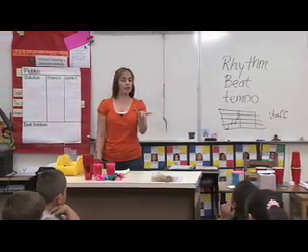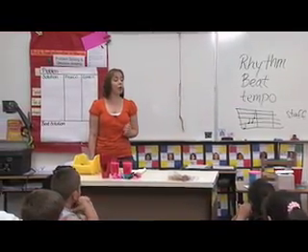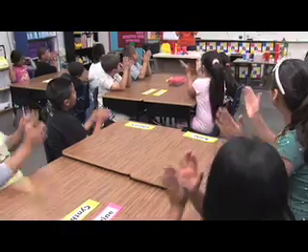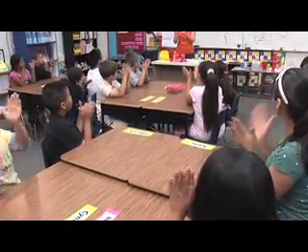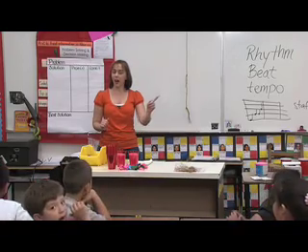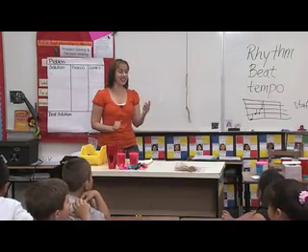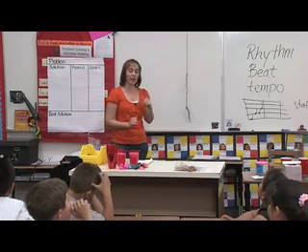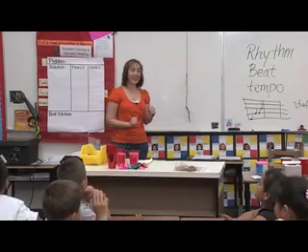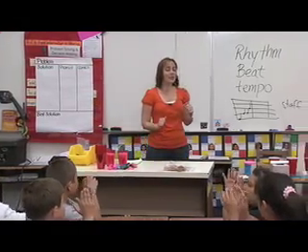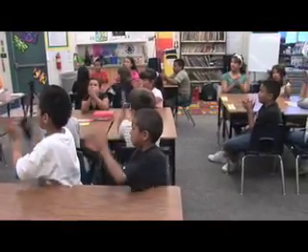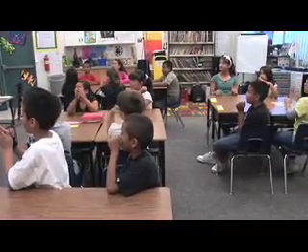What if I gave you this? Ready? 1, 2, 3, 4, 1, 2, 3, 4, 1, 2, 3, 4. Be careful. We only get to clap four twice. Shall we try that one more time? Yes. Here we go. 1, 2, 3, 4, 1, 2, 3, 4, 1, 2, 3, 4.